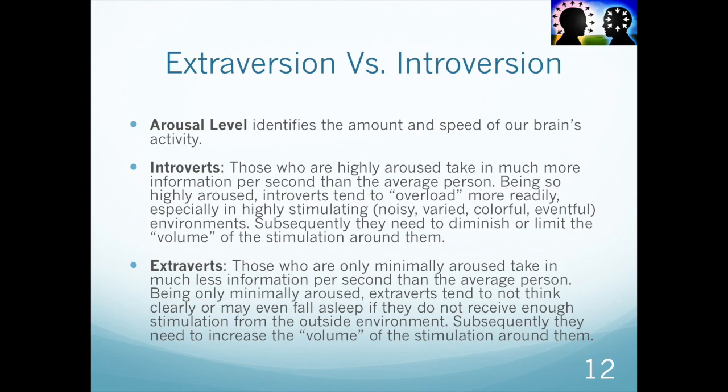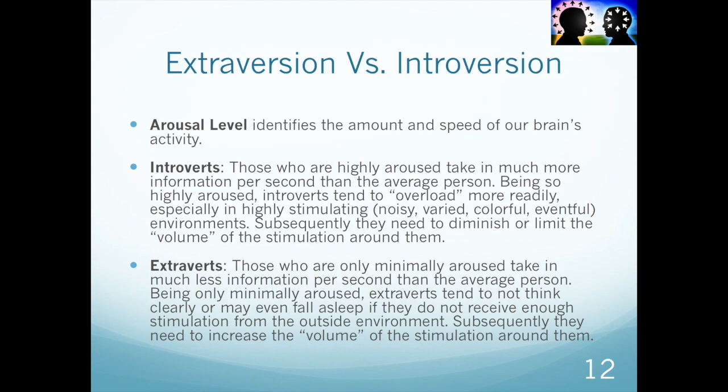Being highly aroused, introverts tend to overload more readily, especially in highly stimulating environments where there are noises and different colorful events, and as a matter of fact, they need to diminish or limit the volume of the stimulation around them.